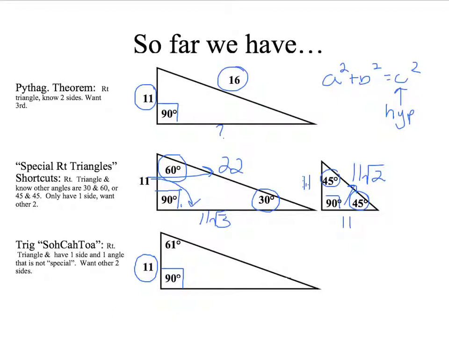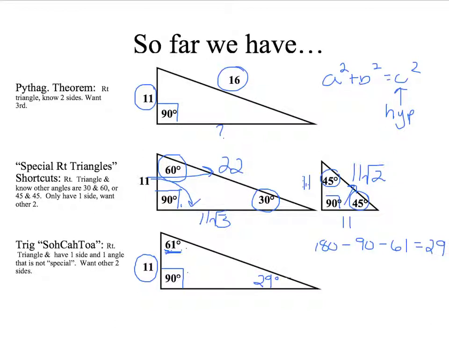But then we have a new problem: the angle that we've been given is not a 30 or a 60 or exactly 45. In this example, I put 61 degrees. We can get our missing angle by subtracting the 2 that we've been given from 180, because every triangle has 3 angles that add up to 180 degrees exactly, and that would give us 29 degrees for our missing angle.